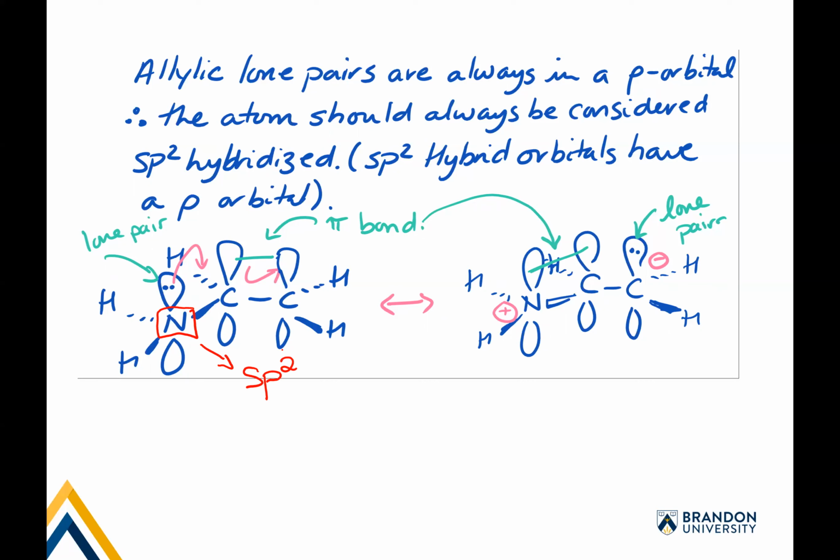And this is really important. So the lone pairs on this nitrogen are in a p orbital. And why do we know this? Because in the resonance structure, we're forming a double bond. And what type of orbitals do you make double bonds with? P orbitals. And so this is one of the few exceptions.